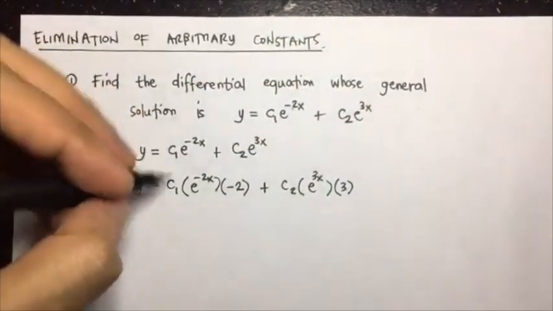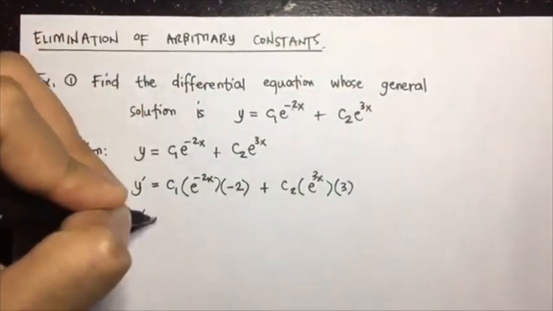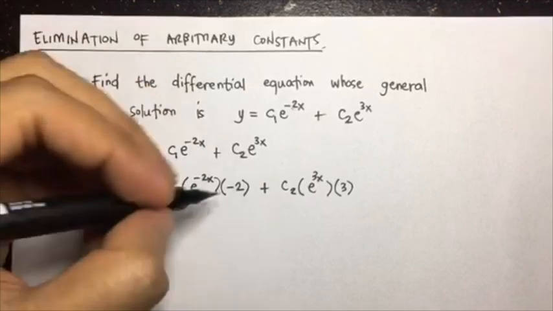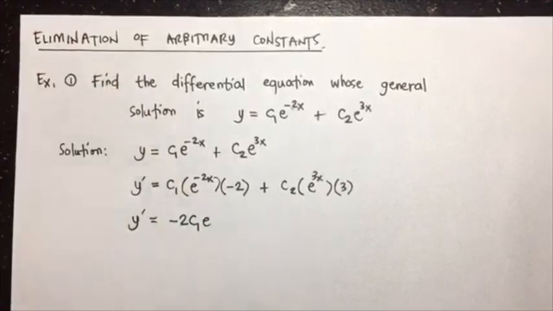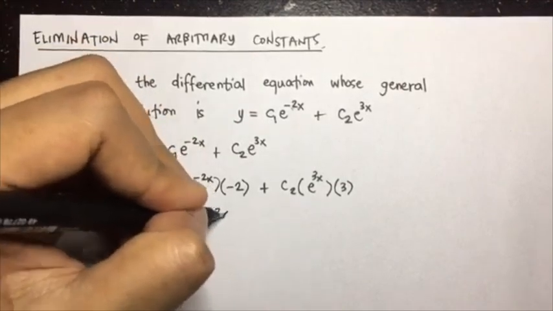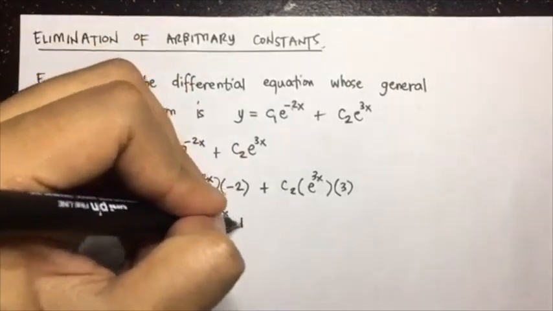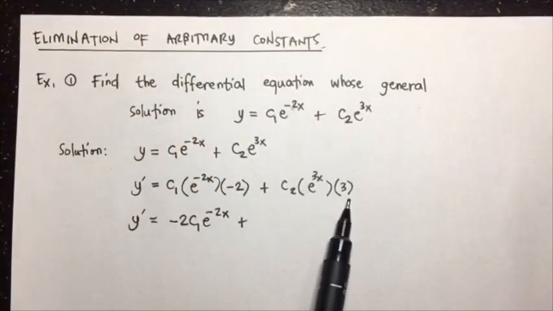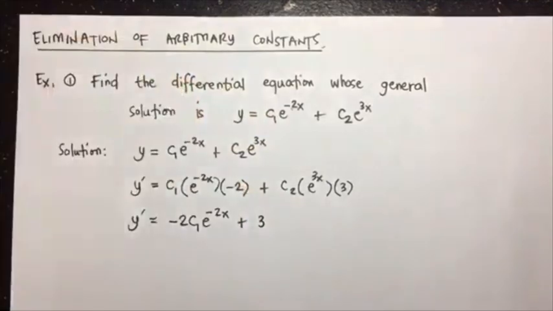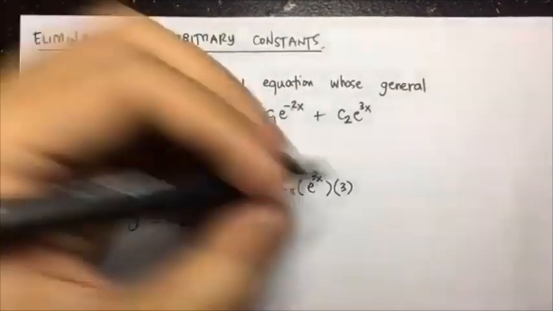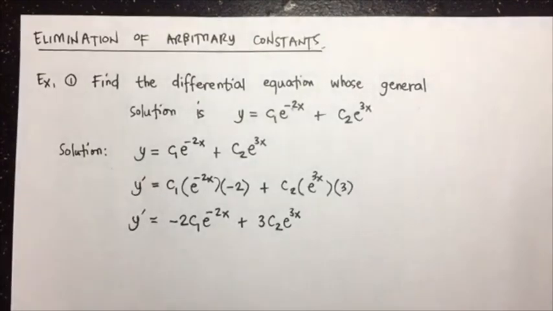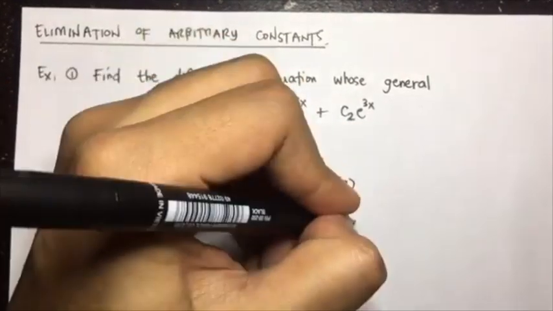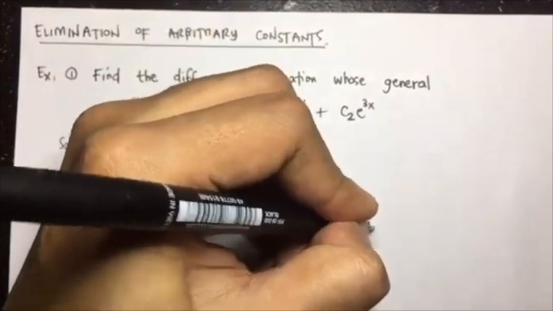Simplifying, our first derivative is equal to negative 2 C1 e raised to the negative 2x plus 3 C2 e to the 3x. Let's name that as our equation 1.